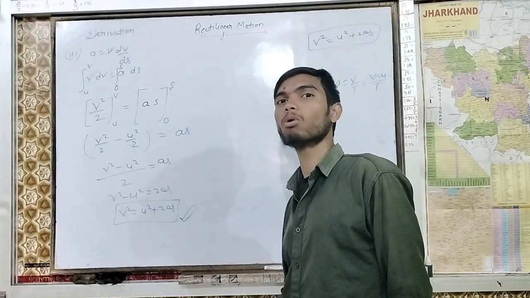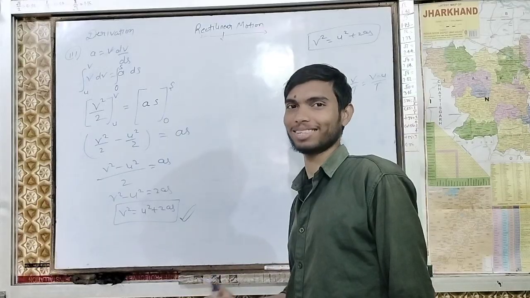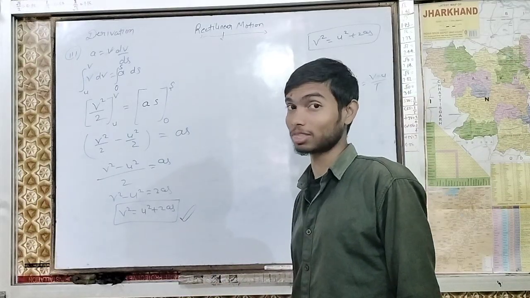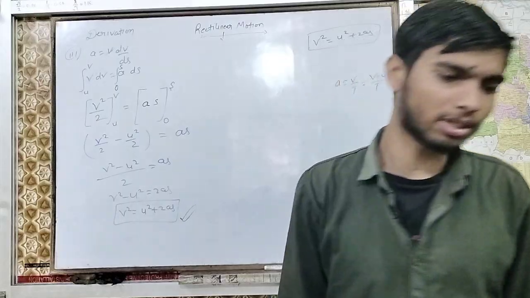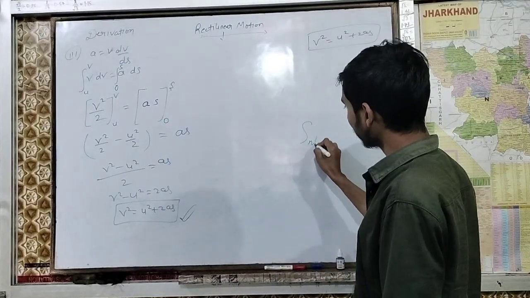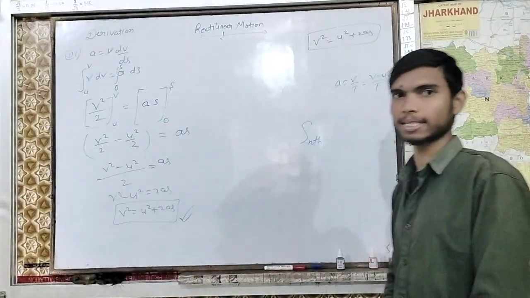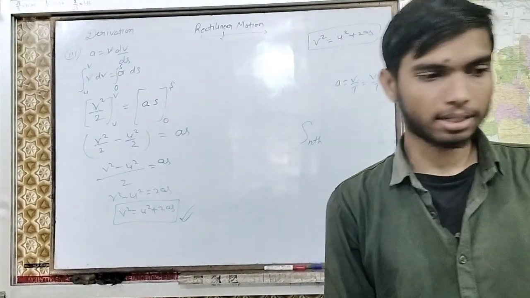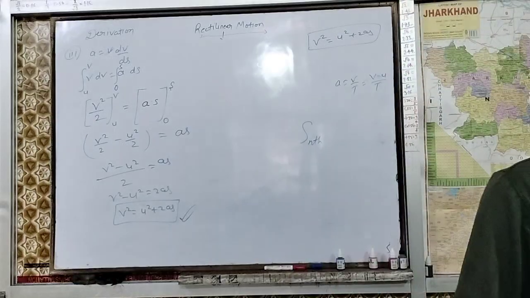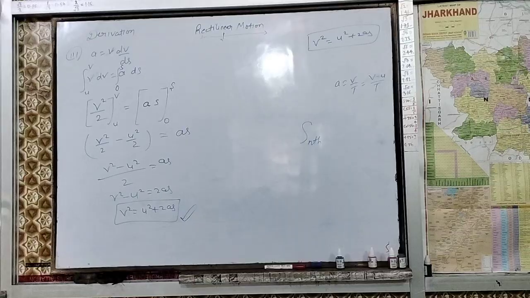We have one more equation of motion, which is new, not familiar, which is for the nth second displacement. It is used when the question is asking: in this second, in this displacement, what is this, what is that, in this time, what is it?